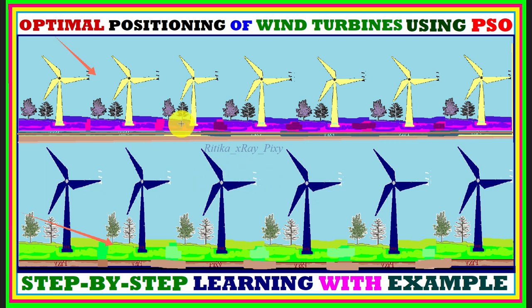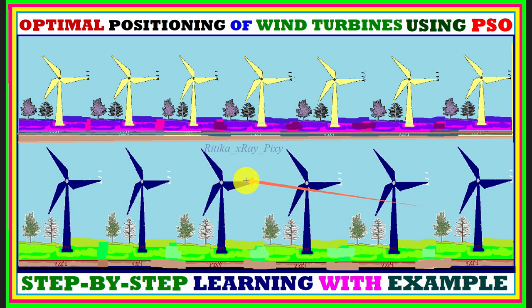So if the layout is not properly optimized, it increases the maintenance cost and decreases the output power production. So here you can see we have the wind farm, and we are using the wind farm for energy production. Wind farm output power is affected by the wake effect.